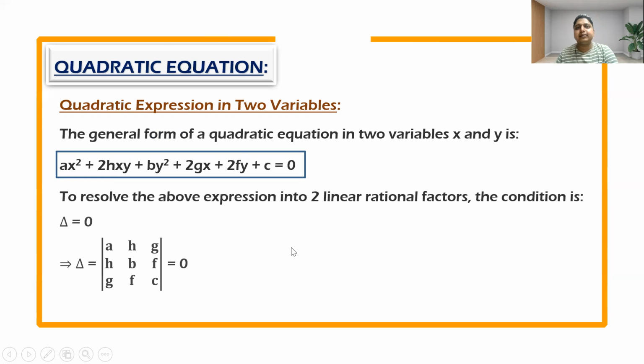The determinant is a topic concerned with matrices. So we write the coefficients in matrix form: a h g, h b f, g f c, and this determinant is always equal to 0 in that expression.